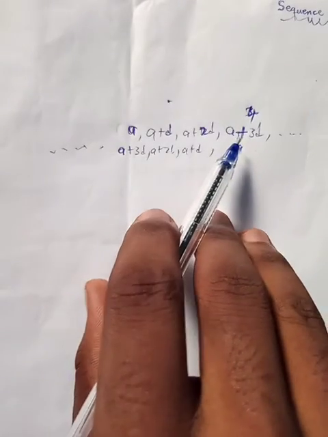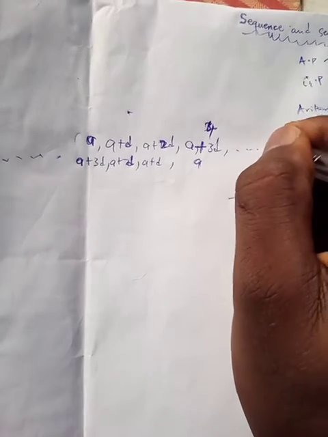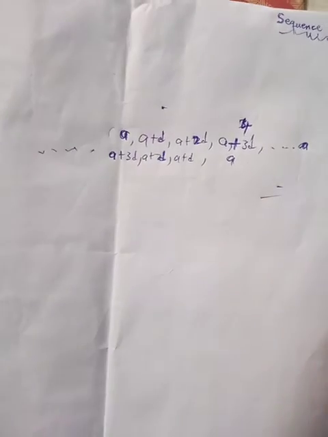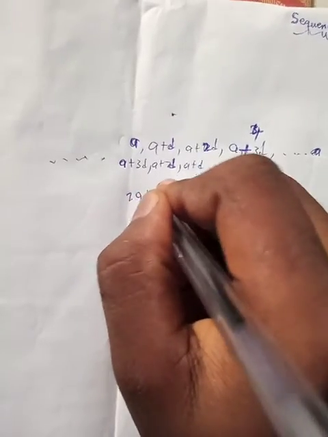The guy was really thinking. He said let's add them. So he added. Let's leave the last terms and do that after. So he added this to this and had 2a plus 3d.